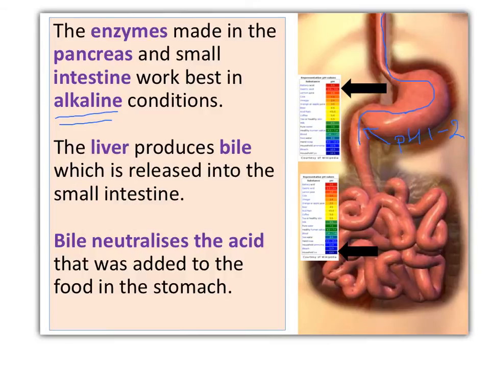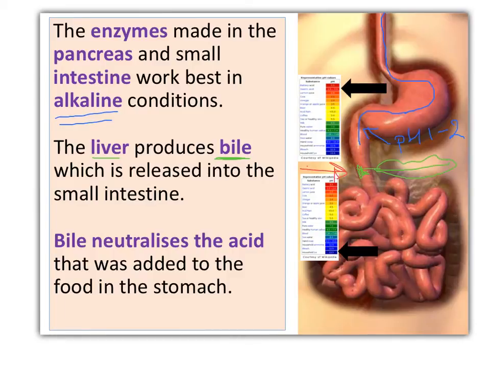So here's our pancreas, and it's going to be adding enzymes into the small intestine. Now, to prevent these enzymes from denaturing, the liver produces bile, and it releases that bile into the small intestine.